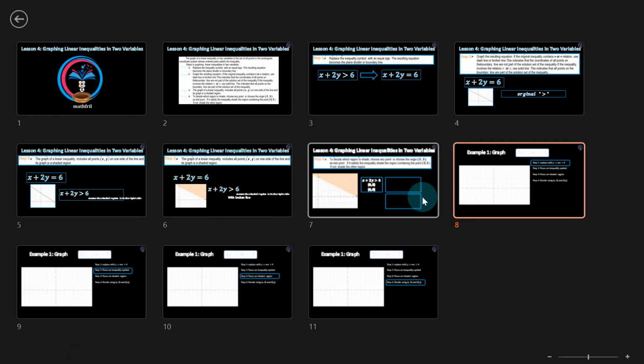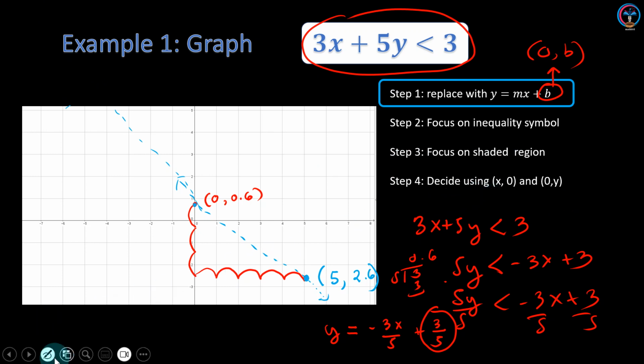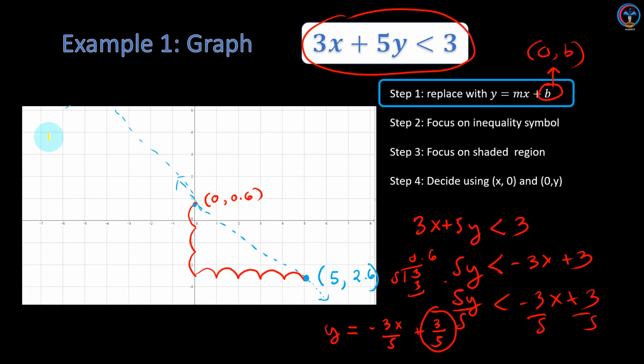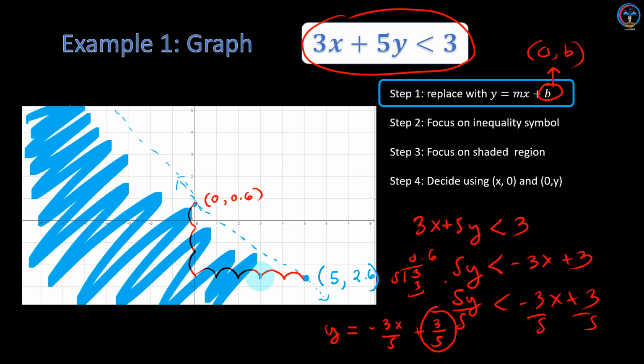Notice that what happened here is the shaded region is below, and this is now our answer.